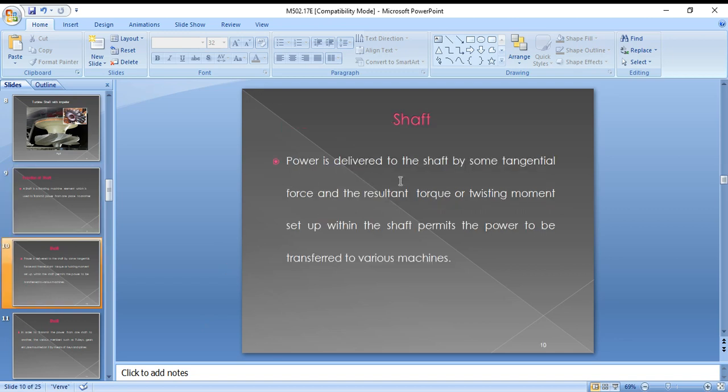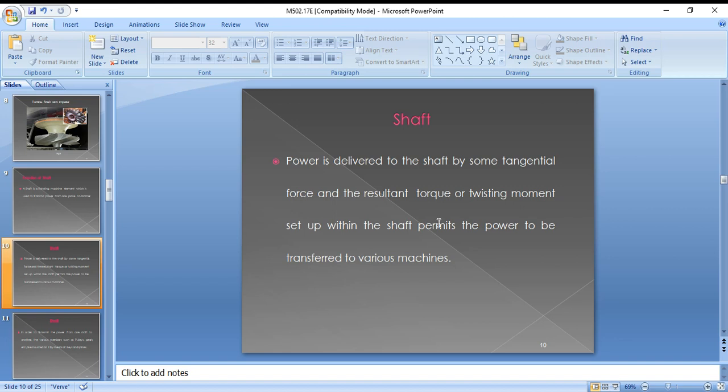So here power is delivered to the shaft by some tangential force, and the resultant torque or twisting moment set up within the shaft permits the power to be transmitted to various machines. Generally, how does the power transmit? Some tangential force is applied on the shaft, so due to the tangential force, there is a resulting torque or twisting moment.